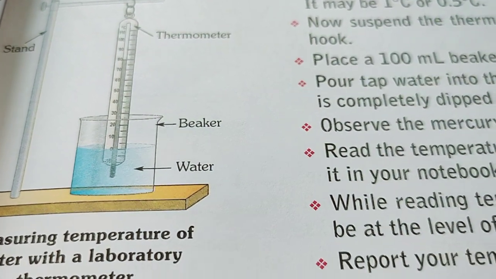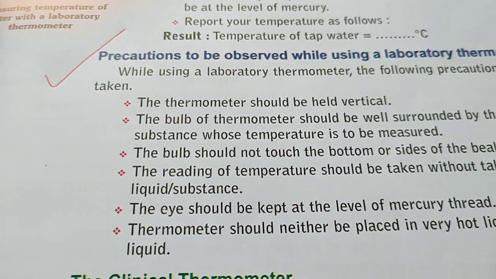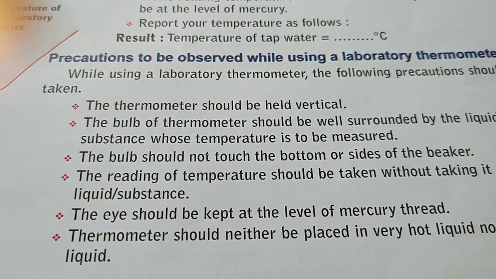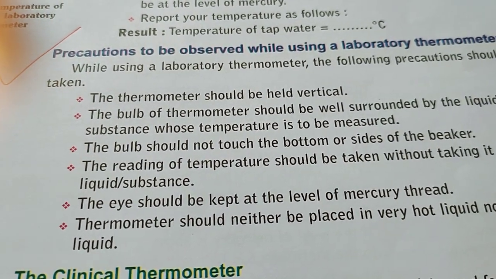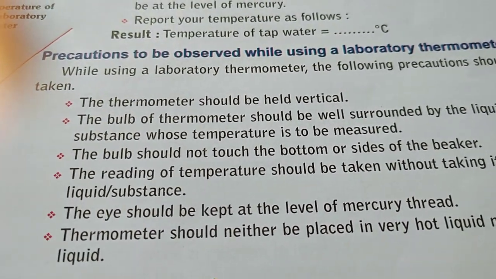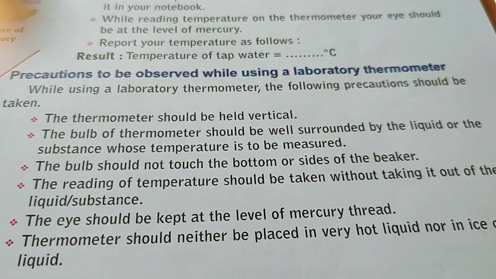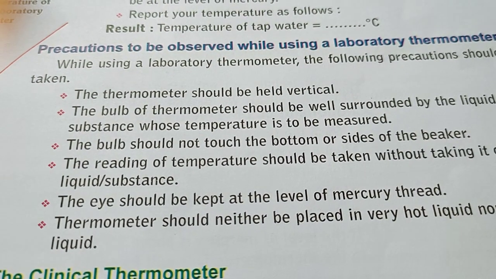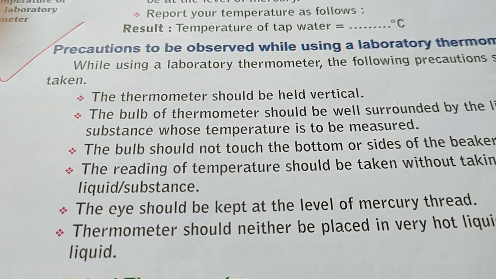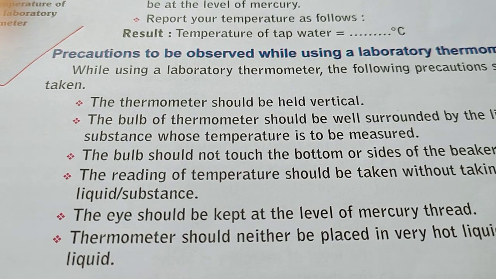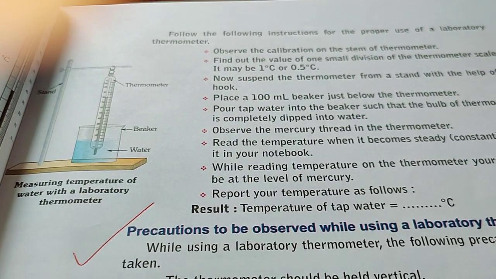Then only the reading would be error free. The last point in the precautions, the thermometer should be placed neither in very hot liquid nor in ice cold liquid. So these are the precautions that we should remember while we are using a laboratory thermometer in the lab.